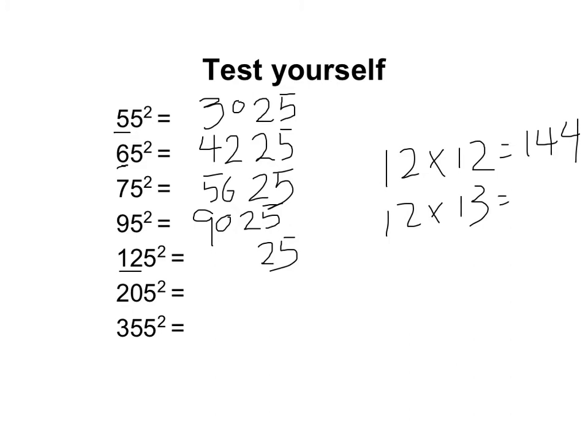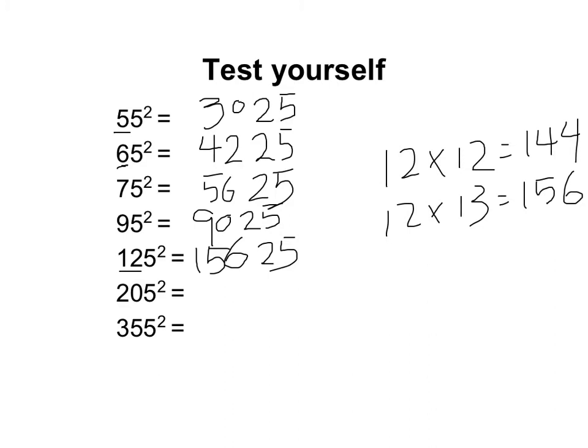So this number is 144 plus another set of 12. And hopefully you can mentally do this addition. So it will be 156 because I add 12 to 144. All these things I'm showing on the board, but over time, over practice, you will be able to do it in your head. So 125 squared is 15625.